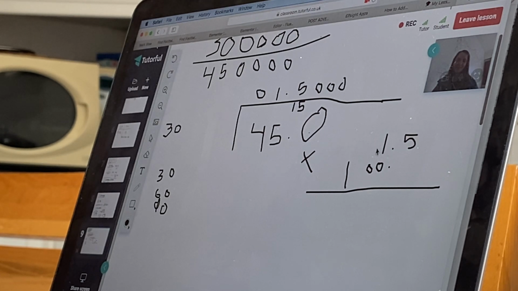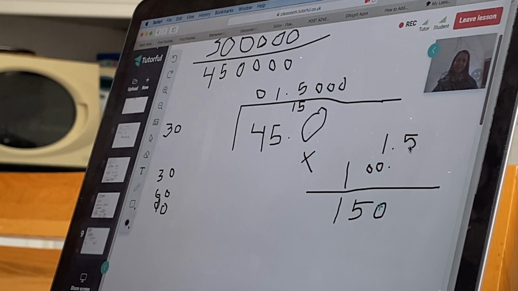So the decimal will go that way. 150,000. Not quite. 150. So 1 times 100 is 100. Half times 100. So remember 0.5 is half. 50. So we have 50.